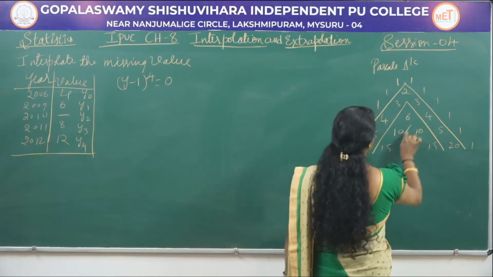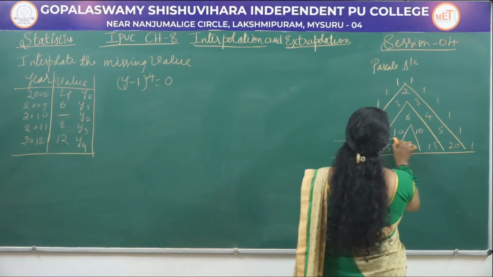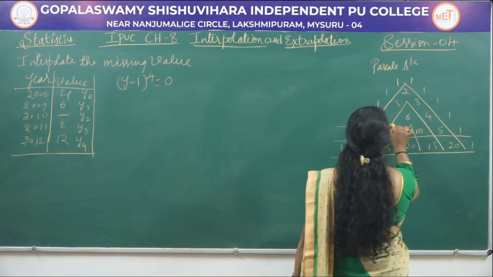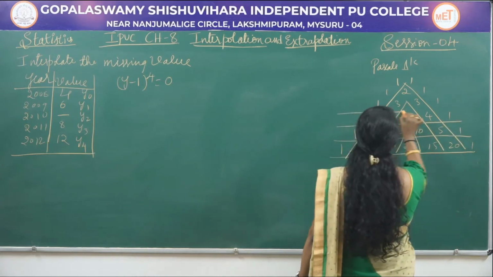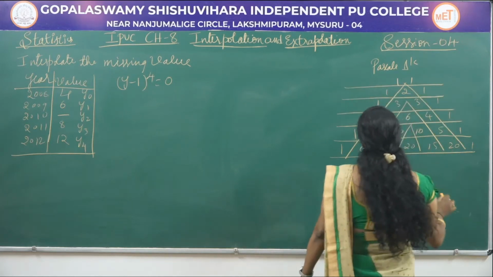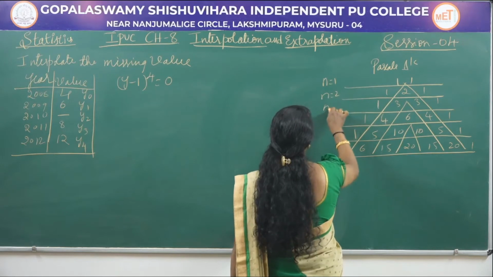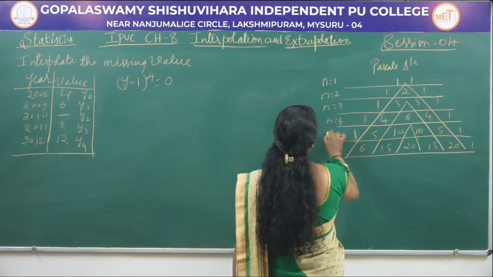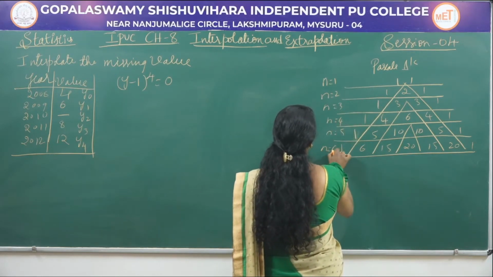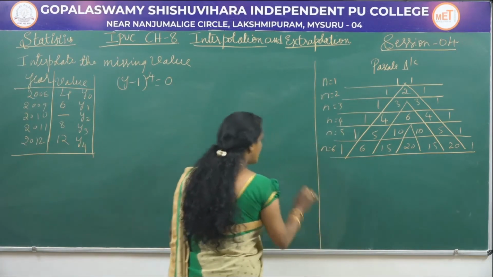For this concept, the Pascal triangle is very important for different n values. Before you solve the problem, if you write this Pascal triangle, it will be easy to take the values, that is the coefficients, for n is equal to 2, 3, 4, 5 and 6. So this Pascal triangle is very important.